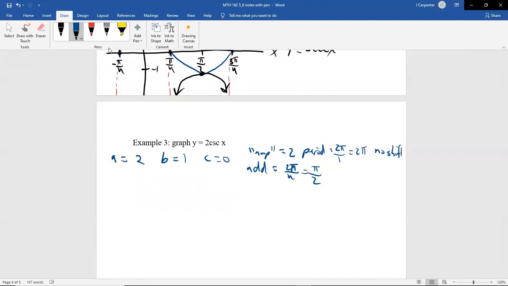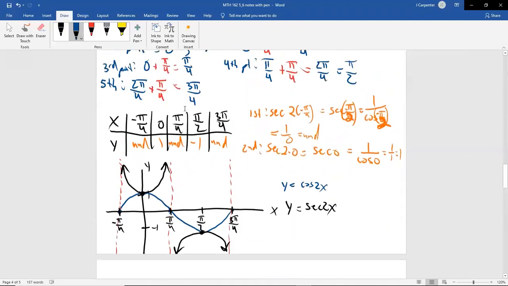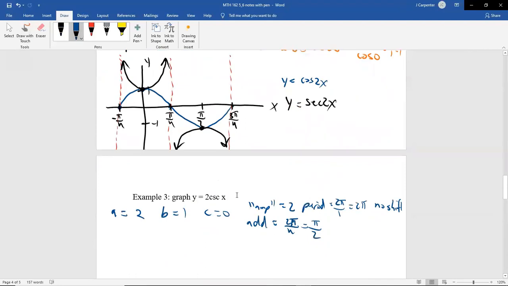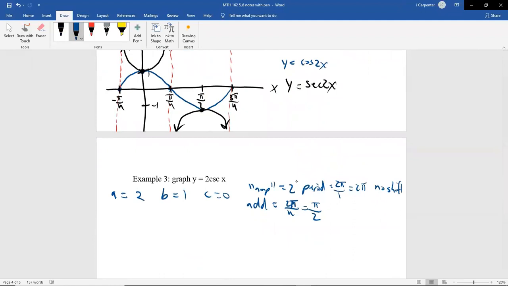All right, so the first x value. Now I know that since we literally just did a secant and it had that weird move-left issue, cosecant doesn't. We will be able to start at 0 and go all the way up to 2 pi. So the first x value is 0.